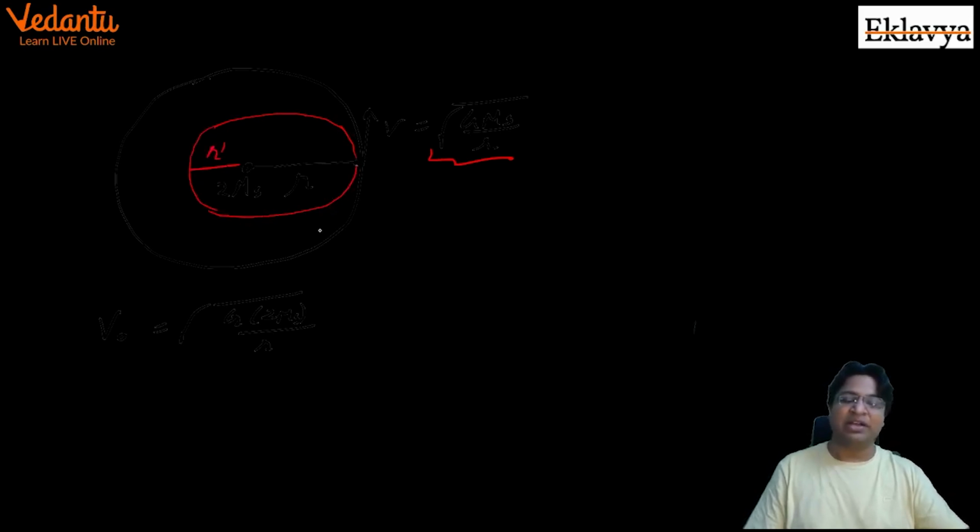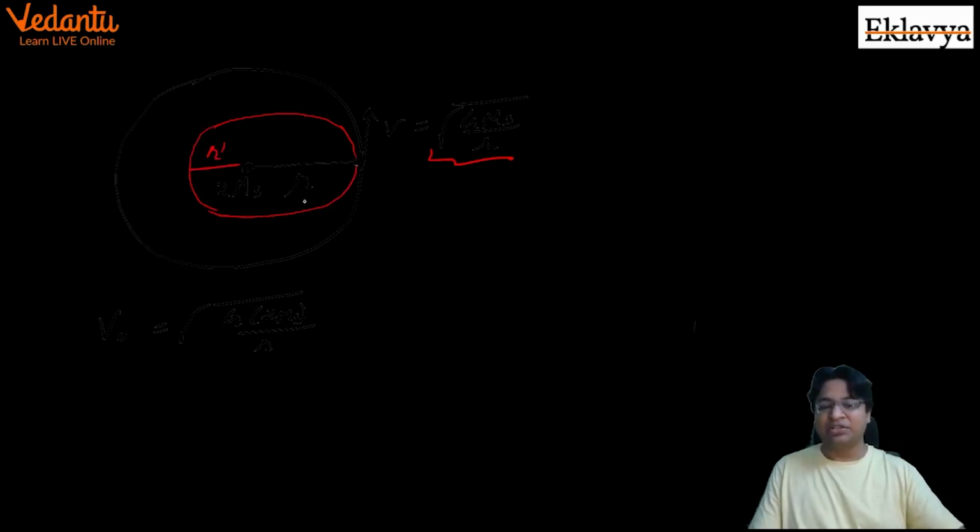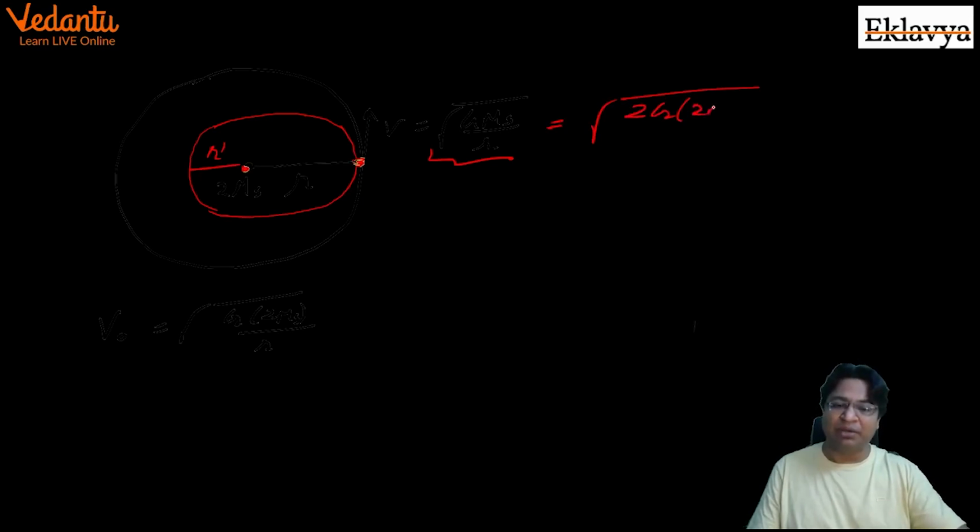Let this be r dash. So how do we calculate r dash now? You know the speed at this point, v. This speed can be written as root of 2 times G into the mass, now the mass is 2M_s, divided by r dash plus r, multiplied by r dash by r. That's a formula that you should be knowing, and you solve this now.